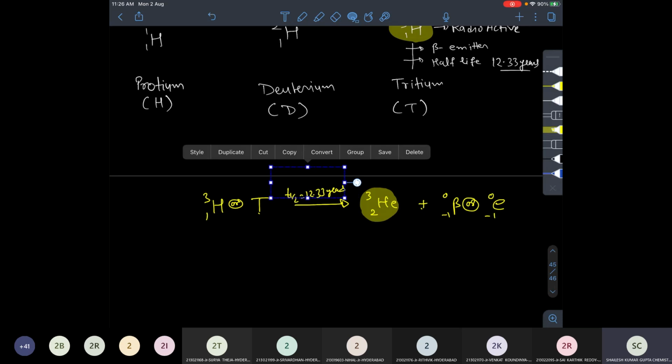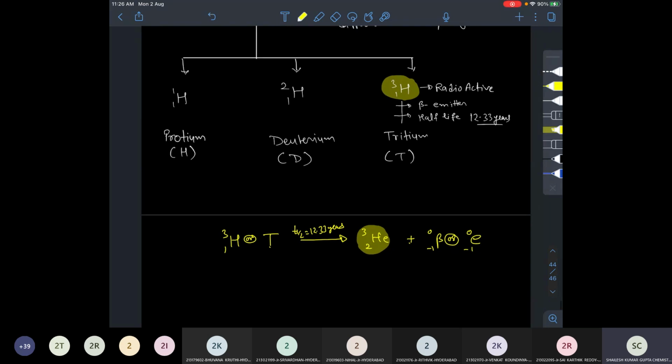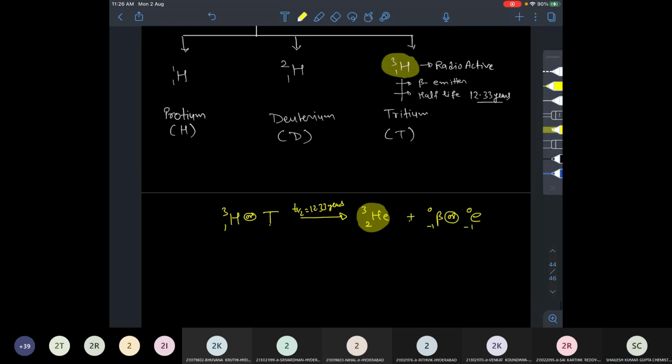Sir, helium has four. Relax. Just the way hydrogen has isotopes, even helium has isotopes. The most abundant one is 4, but that is not the only isotope. Every atom has isotopes. The proton number is the same, but the neutrons are different.